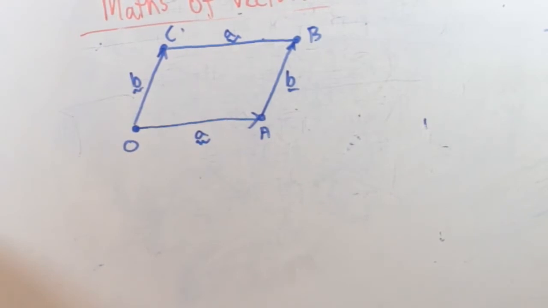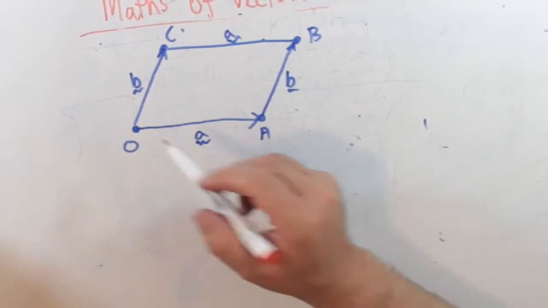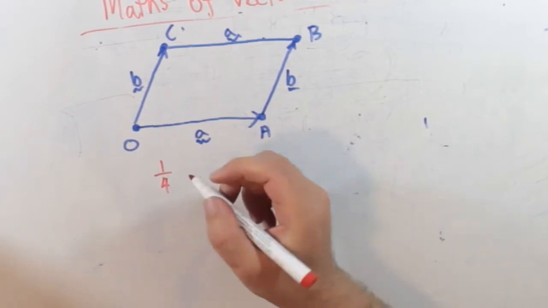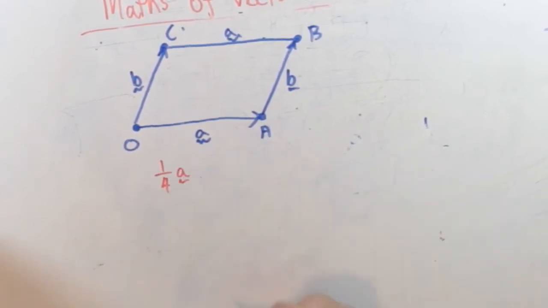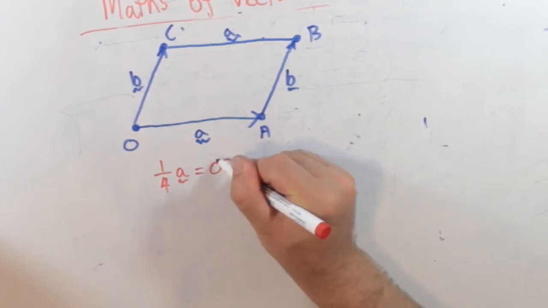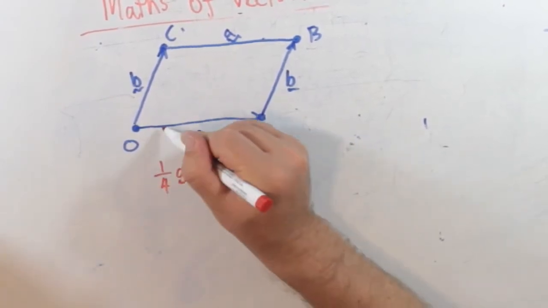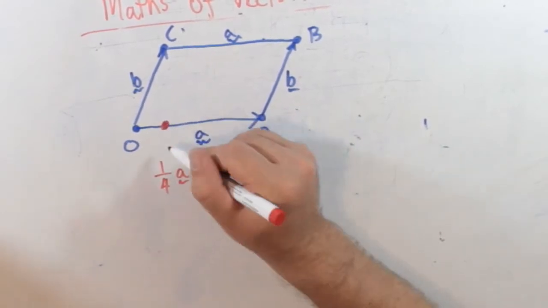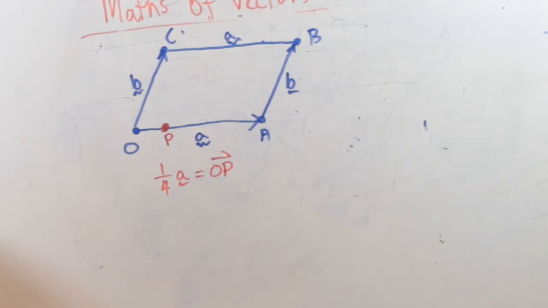Let's define a point a quarter of the way along OA. A quarter of a is the same as OP. So we've got a point P, a quarter of the way along.